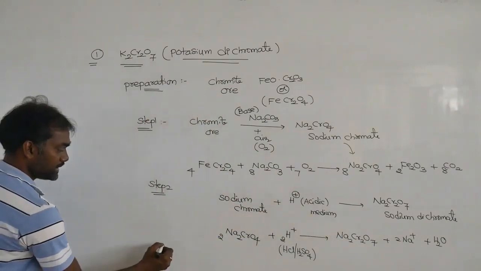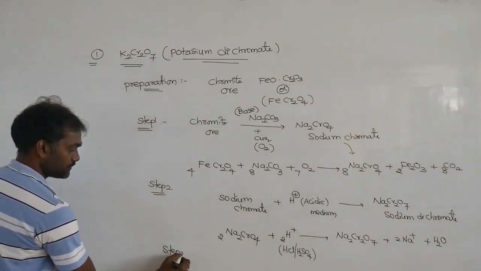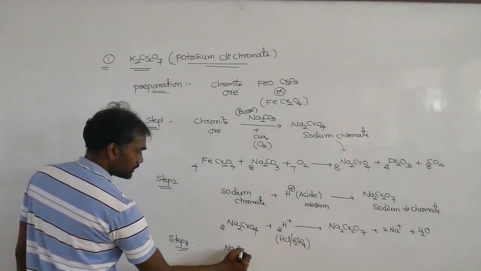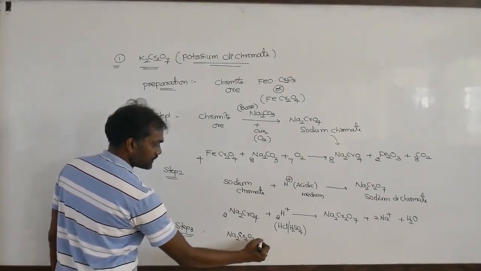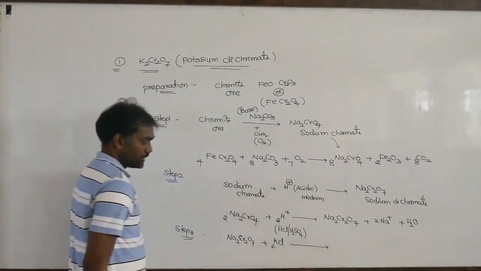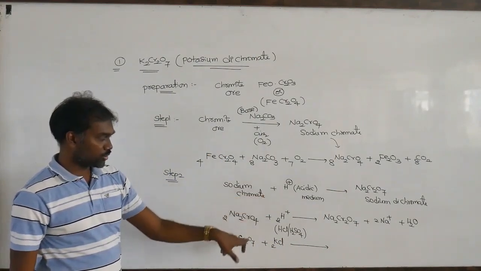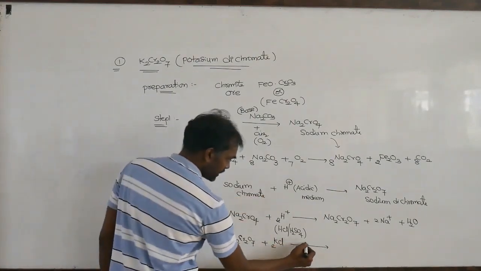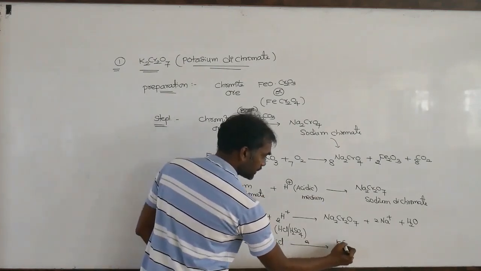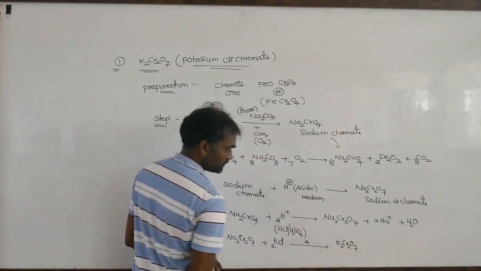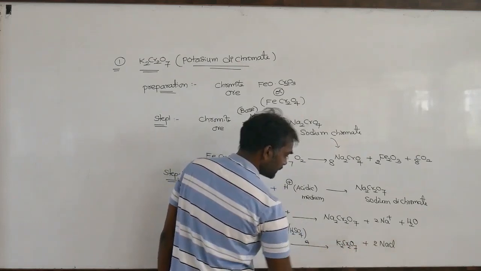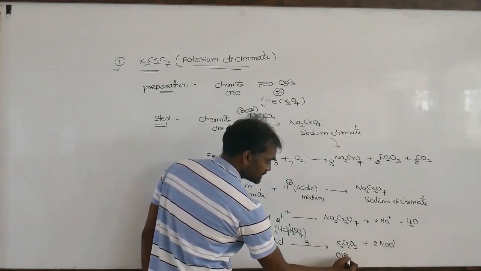That's why in step 3, the above sodium dichromate Na2Cr2O7 is treated with potassium chloride. Then potassium and sodium are exchanged. So you are getting K2Cr2O7 plus 2NaCl. See, K2Cr2O7 is orange in color.